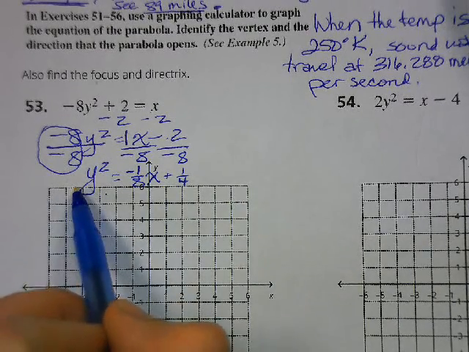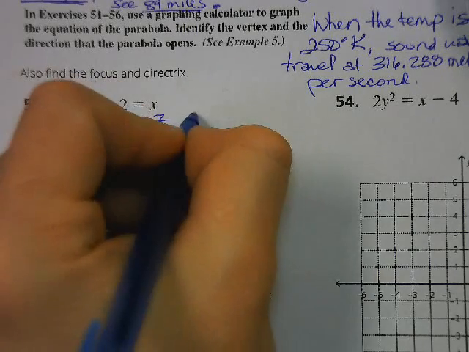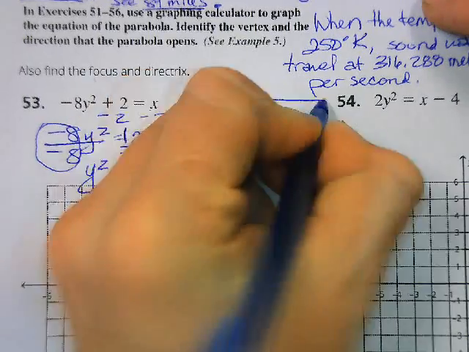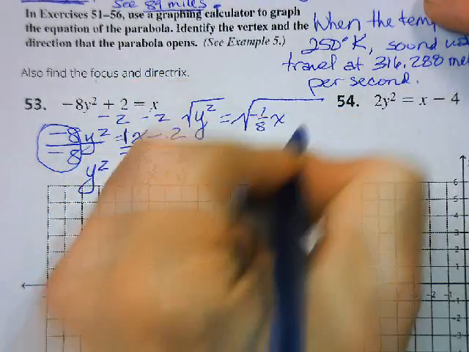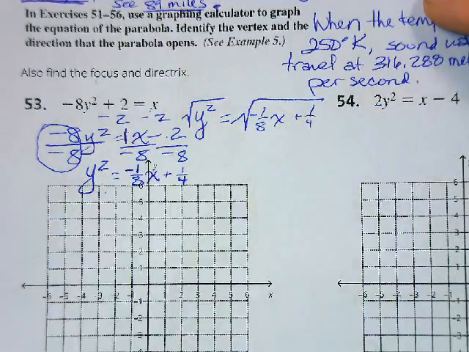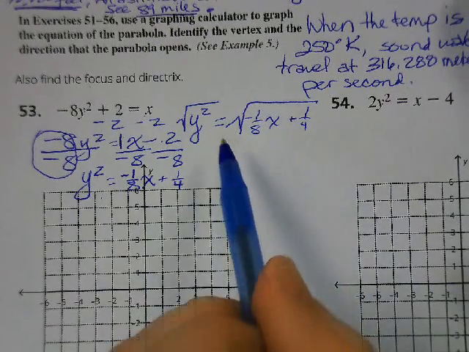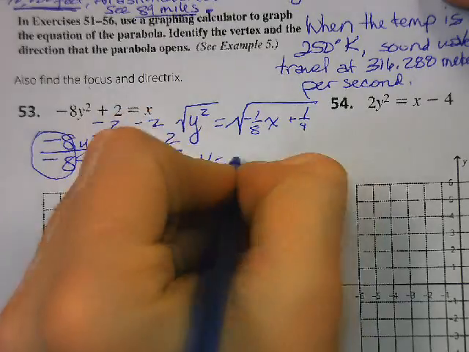But we don't care about y squared. We care about y. So we need to take the square root of that. So the square root of y squared equals the square root of negative 1/8x plus a fourth. And here is where we split out into our two answers. You're going to have y equals twice.